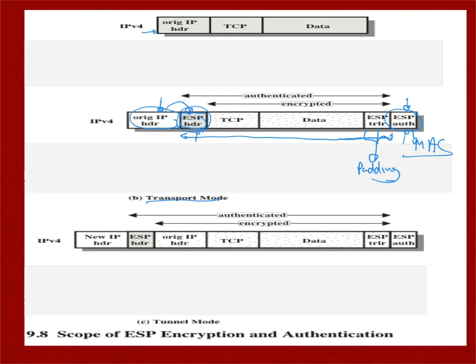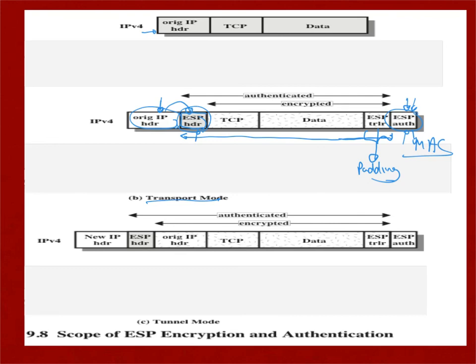It makes the size of the packet always variable, so any attacker who's trying to do cryptanalysis will be confused. Okay? So now we have the header for encryption, we have the ESP for authentication, and this is for transport.